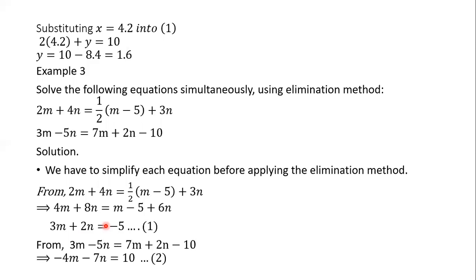Now that we know x, we can take any one of the equations and substitute x equal to 4.2 into it. So we take equation 1. Wherever we see x, we write the value 4.2. So we have 2 times 4.2 plus y equal to 10.